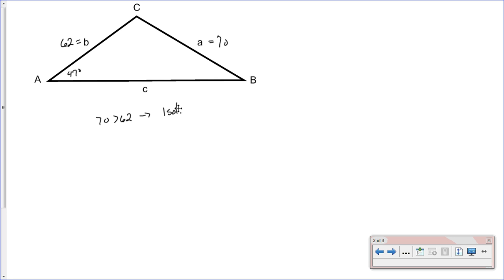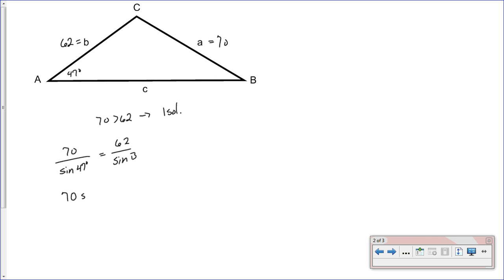So to start out, let's go ahead and find angle B. Well, we know that 70 over the sine of 47 degrees is going to equal 62 over the sine of B. Okay. Now, since our variable's down here in the bottom, we're going to end up cross multiplying.